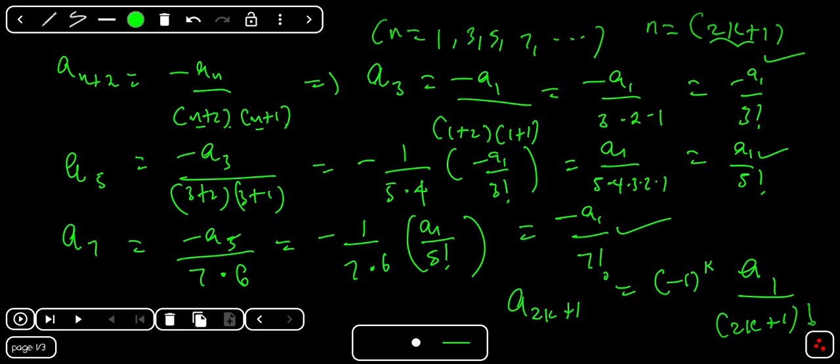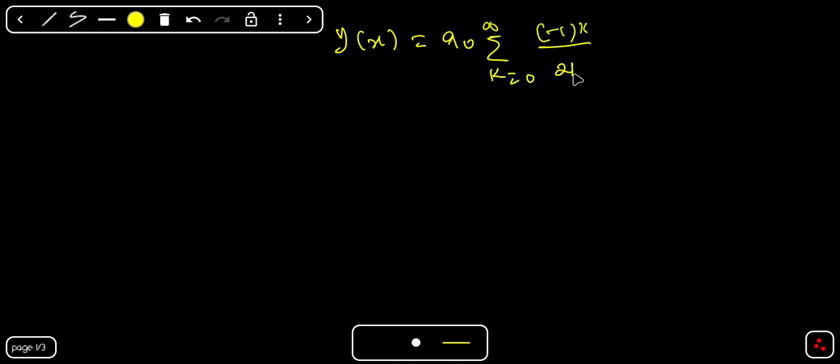Now, since we have the general term for the even coefficient and the odd coefficient, we can now bring the two together. Sorry, we are almost done. Let me write it out. So we have y of x is equal to a naught, then multiply by sum of k from 0 to infinity of minus 1 raised to the power of k over 2k factorial, then multiply by x minus 1 raised to the power of 2k.